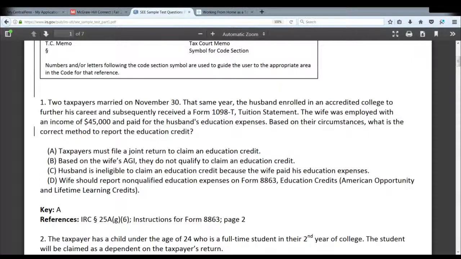So that's when it really makes sense. It needs to be an accredited college, right? It can't just be something that is not accredited. And it was to further his career, not just stay the same. So what they're saying is you can't just keep on getting degrees for no apparent reason. That's why they instituted that, okay?